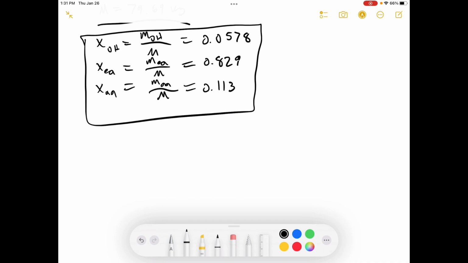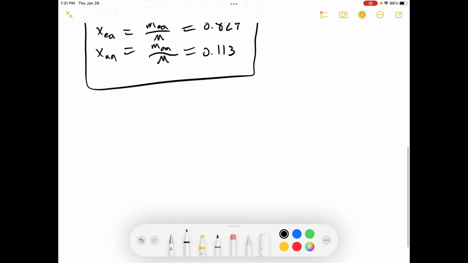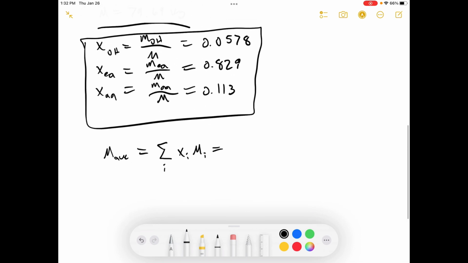What is the average molecular weight of the mixture? The average molecular weight equals the mole fraction times the molecular weight of each component, a summation of the product of that, and that gives us the average molecular weight.